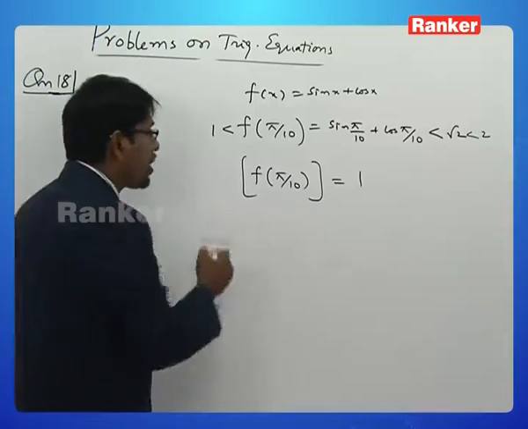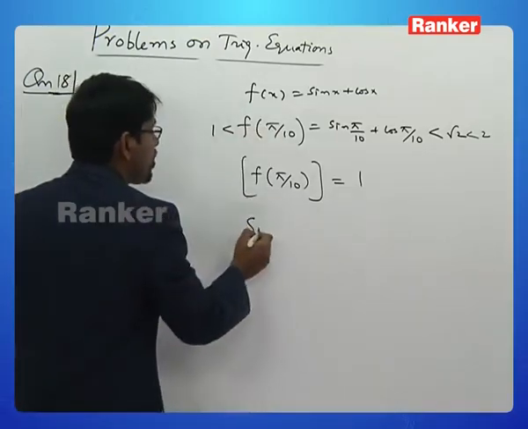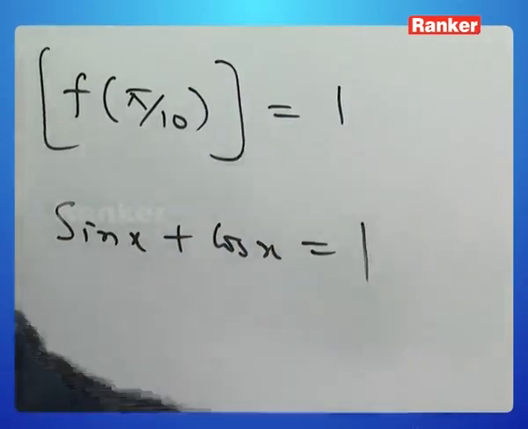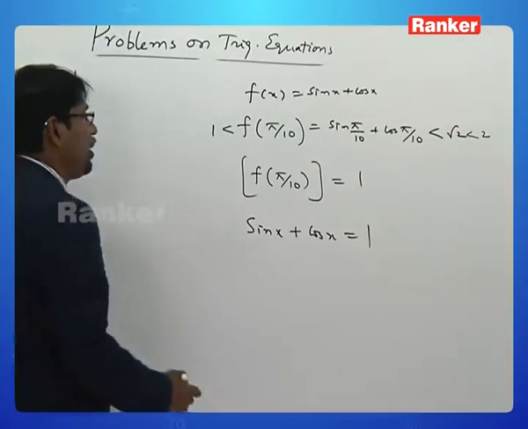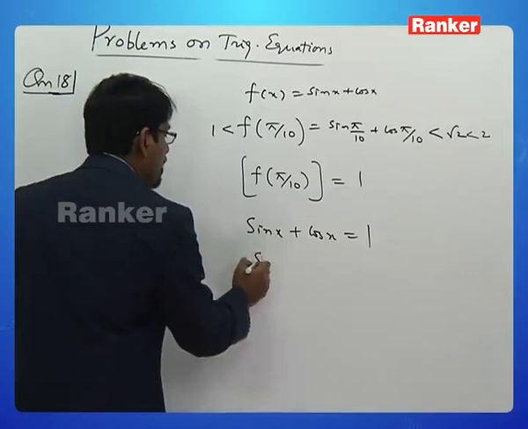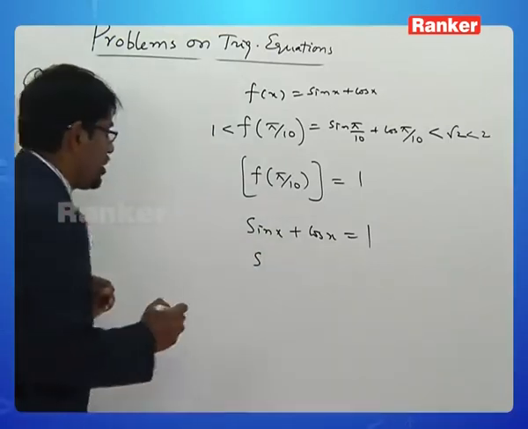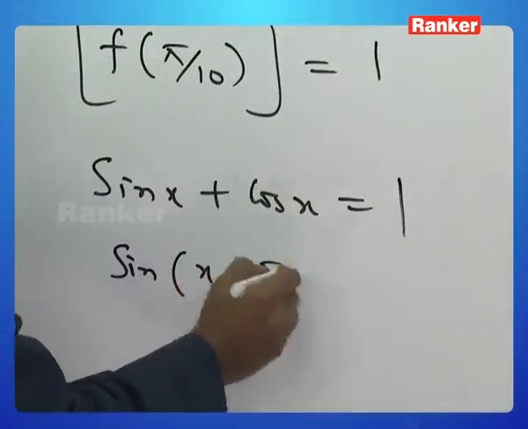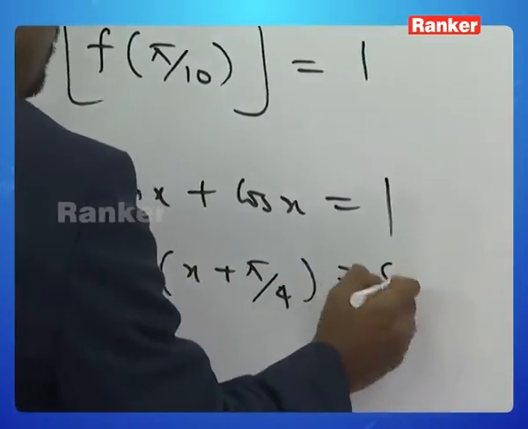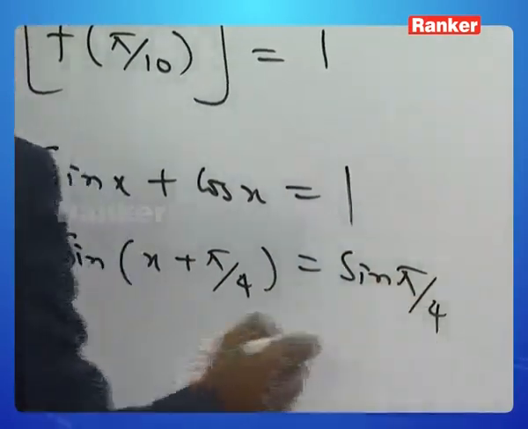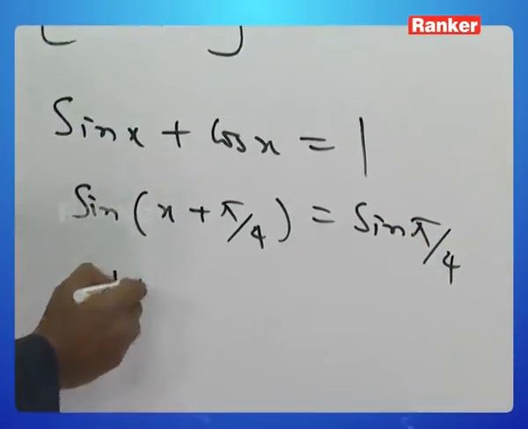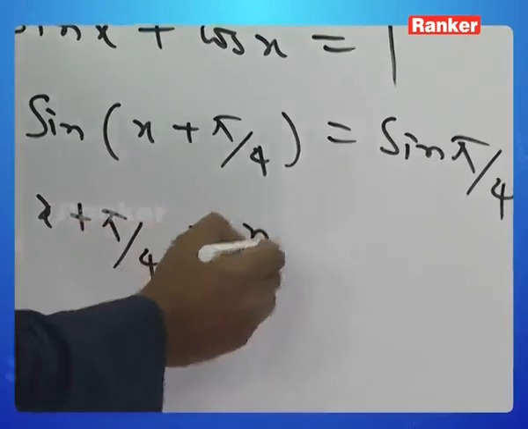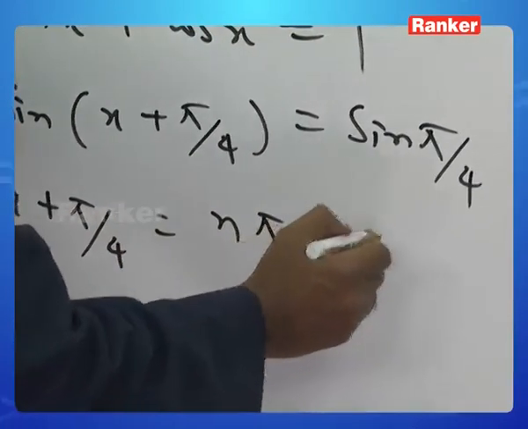So now we are trying to equate sin x plus cos x to 1. Sin x plus cos x is to be equated to 1. That makes it again sin of x plus pi by 4 is equal to sin pi by 4, and that gives me x plus pi by 4 is equal to n pi plus minus 1 power n into pi by 4.